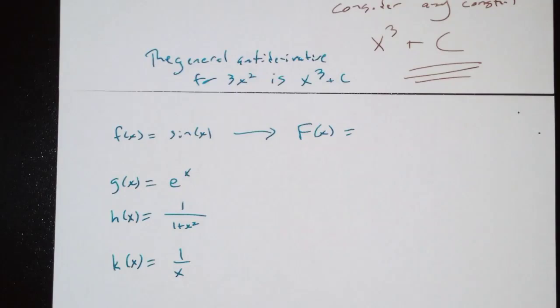I am assuming, though, that you left the formula sheet attached to your exam. If you tore it off, you don't have it. So you might need to look it up on Canvas.